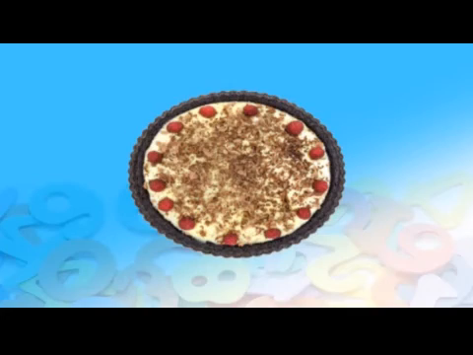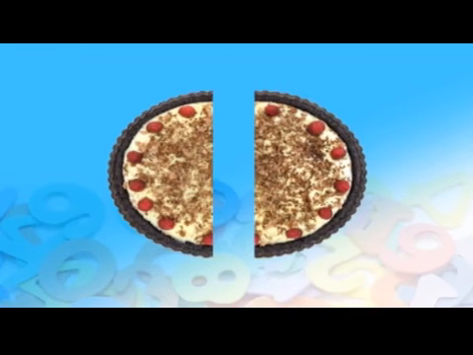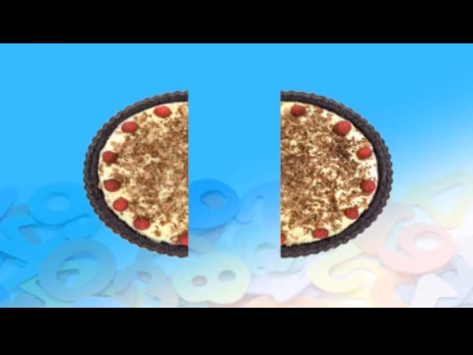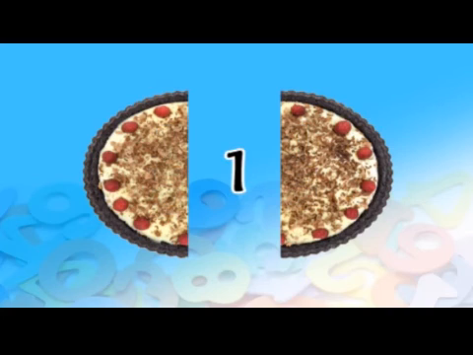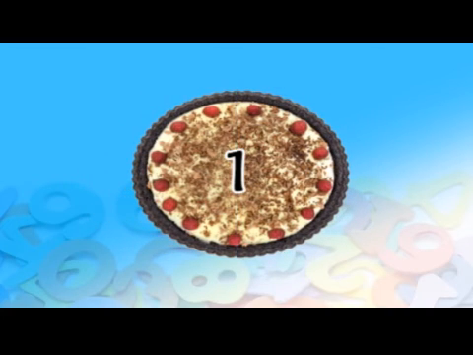Here is a cake. The cake is divided into two pieces. So, we have two half pieces, but the child needs to know that 1 by 2 plus 1 by 2 is equal to 1. When we put the two pieces together, it makes a whole.